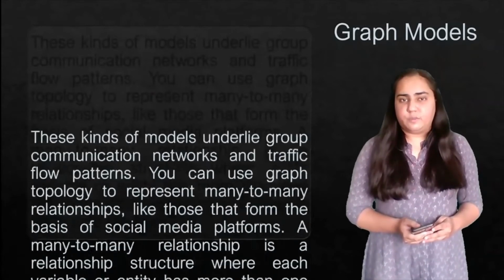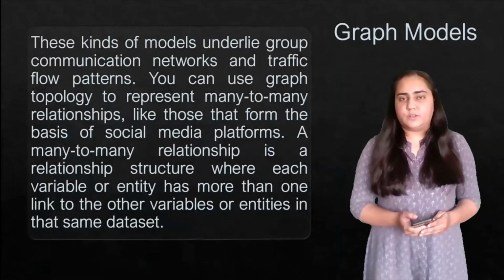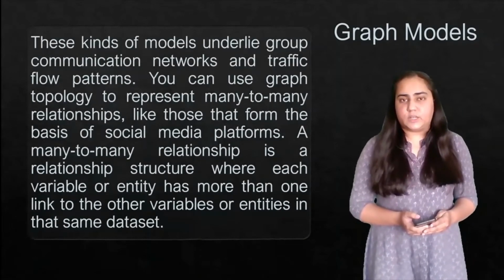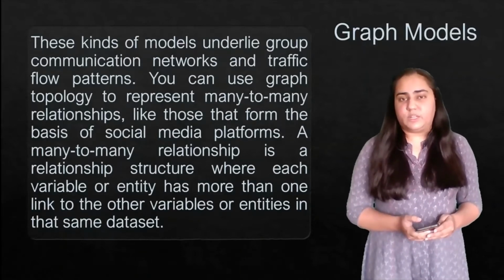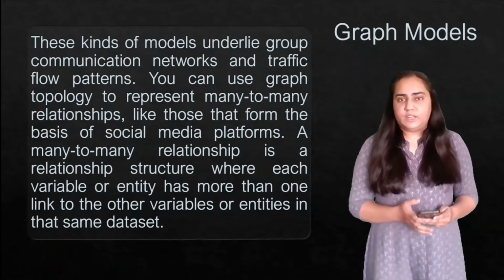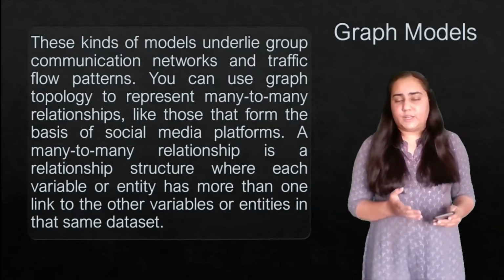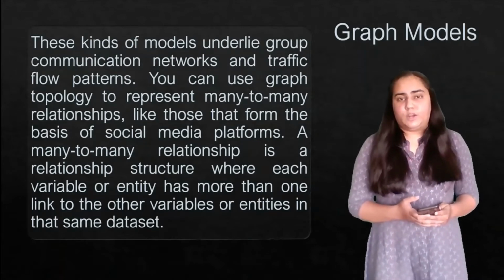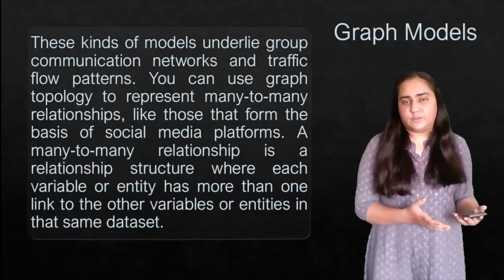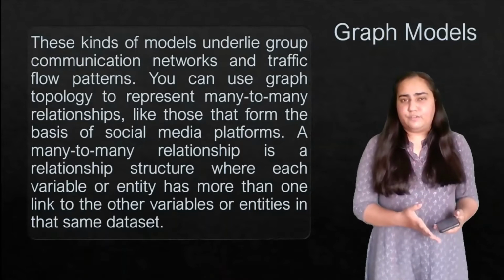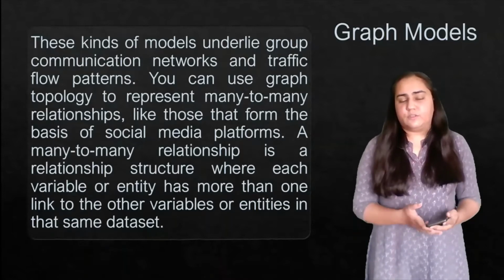Then we have graph models. These kinds of models underlie group communication networks and traffic flow patterns. You can use graph topology to represent many-to-many relationships like those that form the basis of social media platforms. Social media platforms are an example of a many-to-many relationship where you have a friend on Facebook, and that friend also has many friends on Facebook.